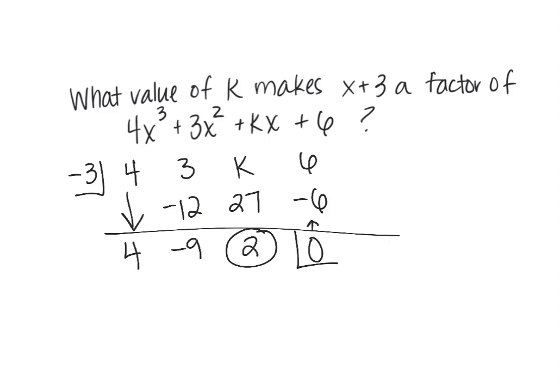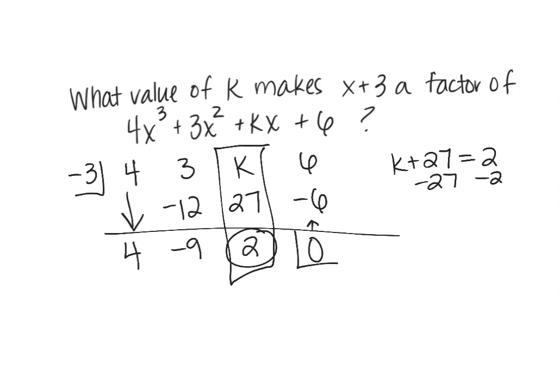Well, that would be a 2. If I put a 2 there, I would multiply and get -6. So now I see that k plus 27 needs to give me 2. I'm basically forcing this to work out a certain way. And if k is negative 25, then the math would have all worked for us to have a remainder of 0.